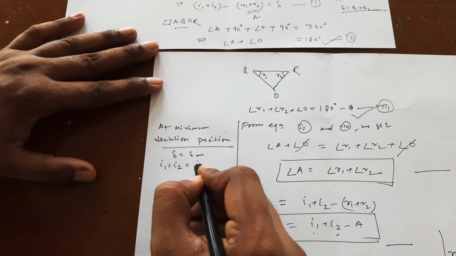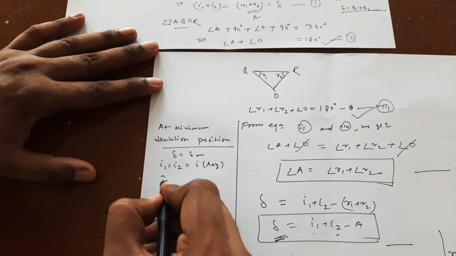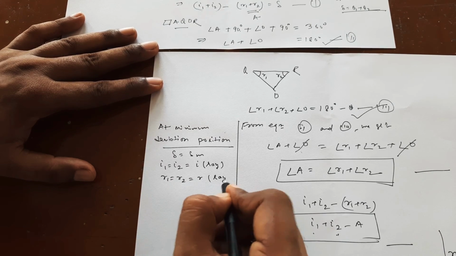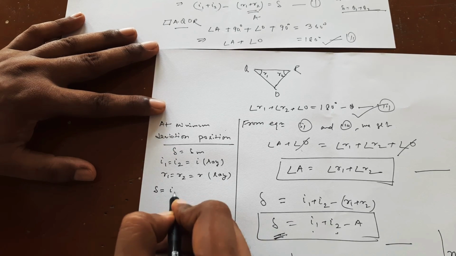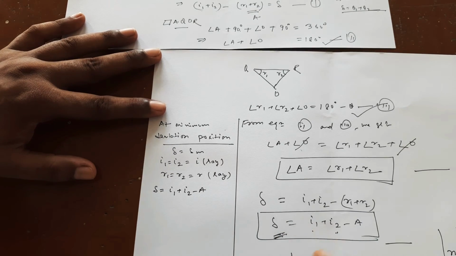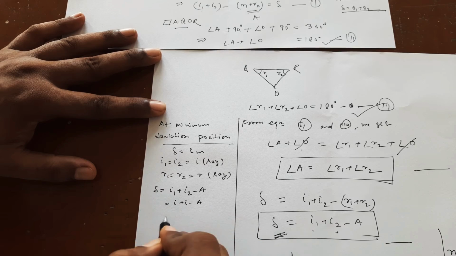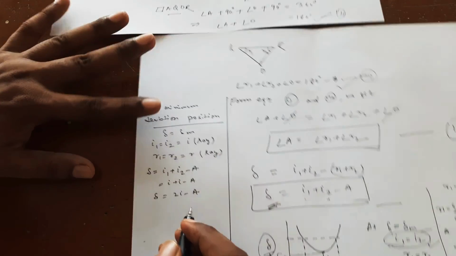Let us suppose this is I, say, because both are equal, and similarly R1 is equal to R2, equal to R, say. In that case delta must be equal to, see the formula, I1 plus I2 minus A. So putting this value, I plus I minus A, I get 2I minus A. So delta is equal to 2I minus A.